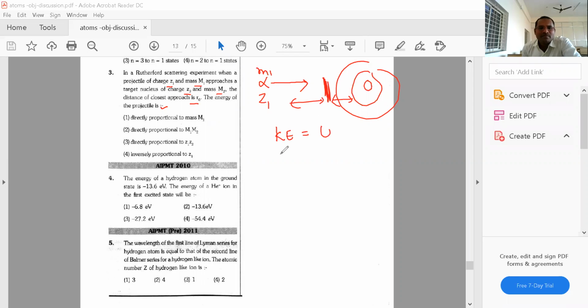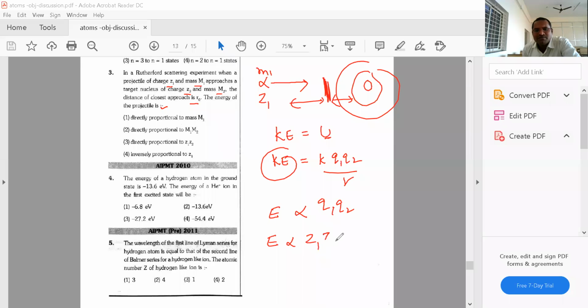So the kinetic energy is half mv square. Kinetic energy I can write is equal to potential energy, which is K Q1 Q2 by R. So this energy is proportional to Q1 and Q2, which they have given as Z1 and Z2. Proportional to the product of Z1 and Z2.